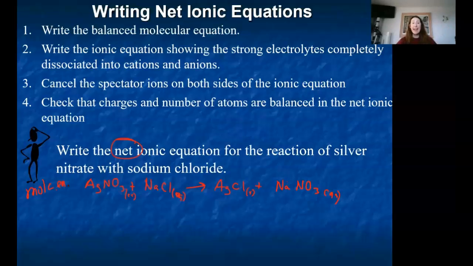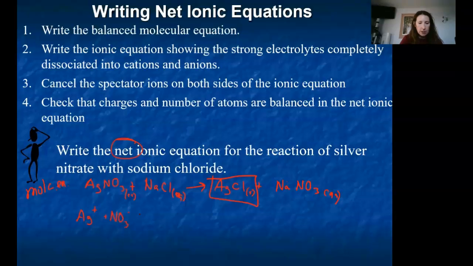Now I'm going to split everything up that's not a solid. So, you remember how to do this, you put a box around your solid, to remind yourself, don't take it apart, leave it together. We're going to take everything else apart because they are all just floating around in our solution. So this comes apart into Ag plus, NO3 minus, Na plus, Cl minus.